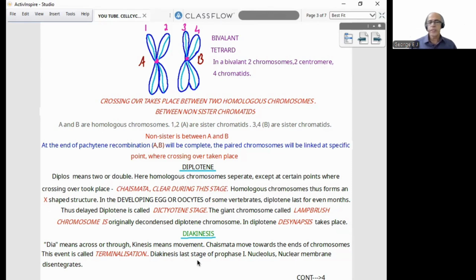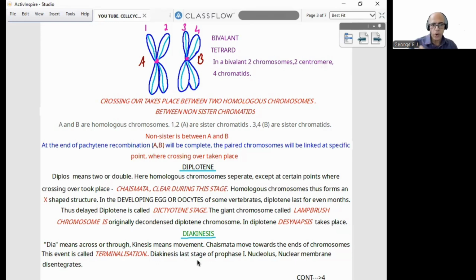Now comes the last stage of prophase I, diakinesis. Dia means across or through, and kinesis means movement. Chiasmata will move towards the end of the chromosome, so that knot will be getting over gradually. So chiasmata move towards the ends of the chromosome.